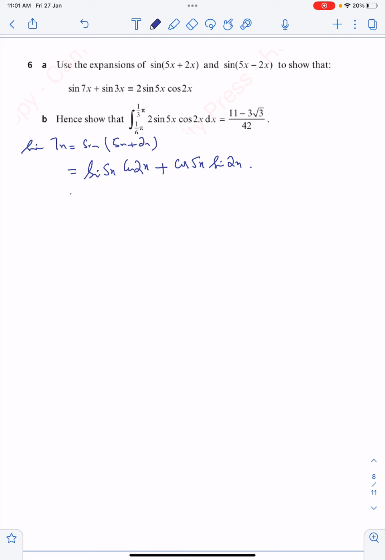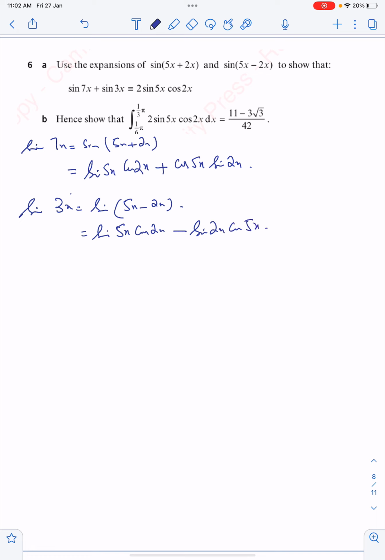And sine of 3x equals sine of 5x minus 2x, which is equal to sine of 5x cos of 2x minus cos of 5x sine of 2x. Sorry, I made a mistake here.